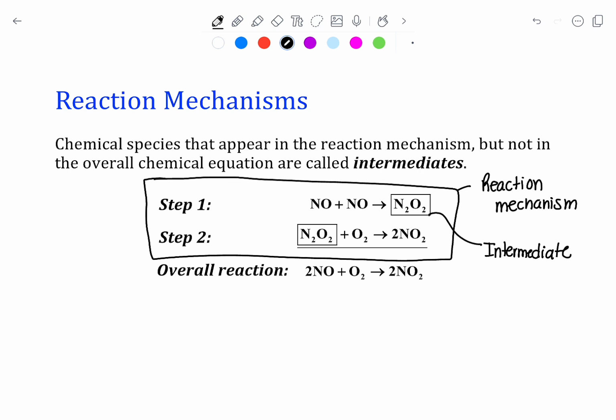If you think back to Hess's law, when we have two reactions and the same compound is on both sides of the arrow, it cancels itself out, and then we can add those two reactions together to get 2NO, 1O2, and 2NO2. So very similar to how we can think about Hess's law from our previous lessons.